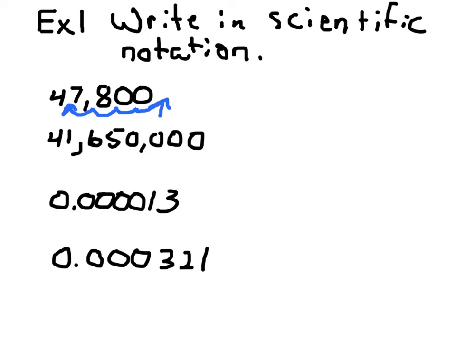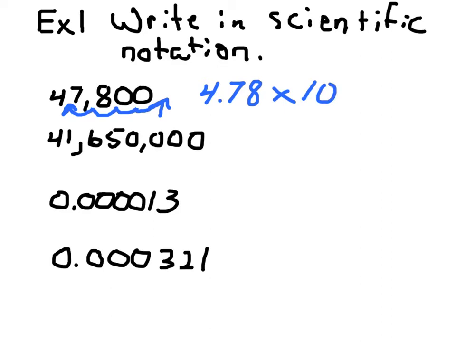So if I place that decimal point between the 4 and the 7, I get 4.7800. Now, since I have a decimal, I can leave those zeros off at the end. So 4.78 times, so now I have my number between 1 and 10, and it's times 10 to some exponent.